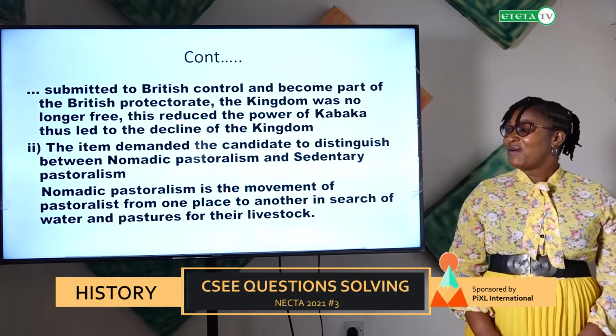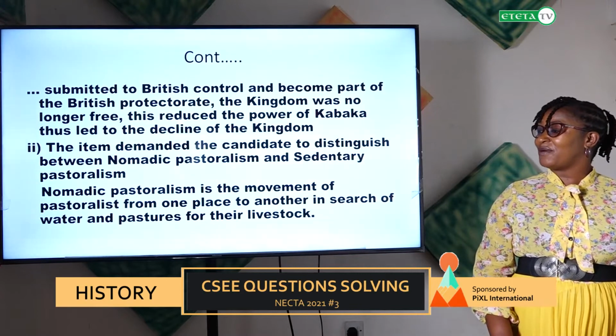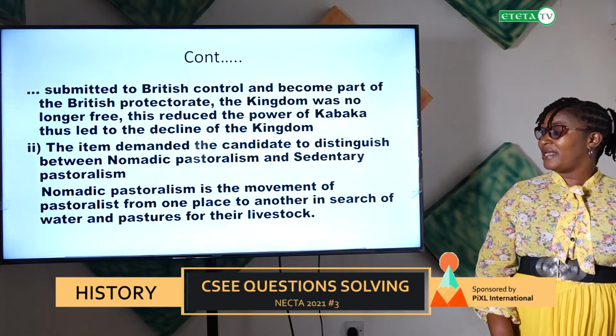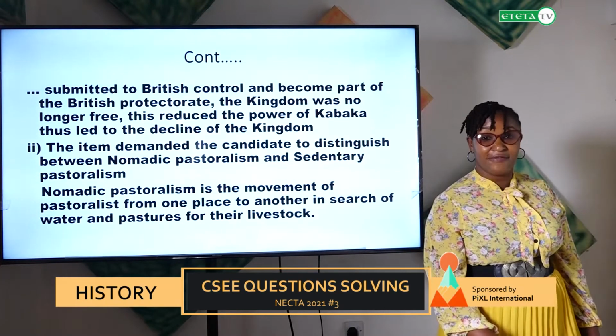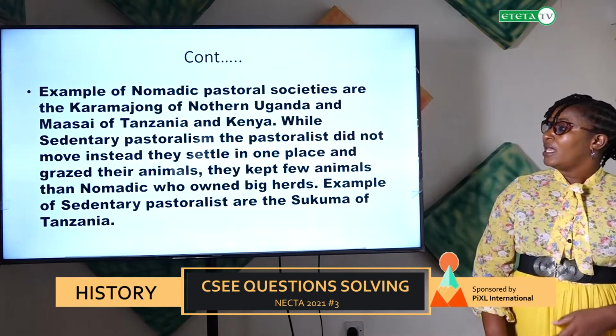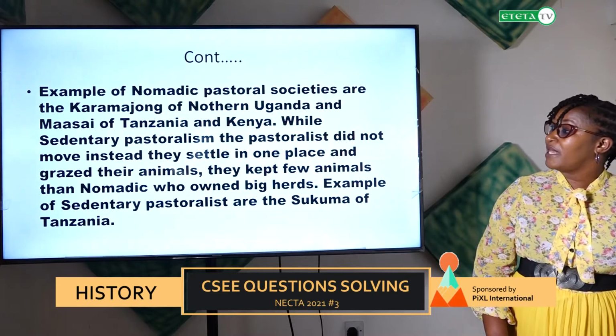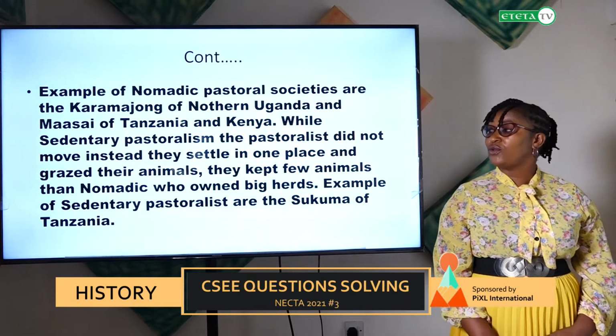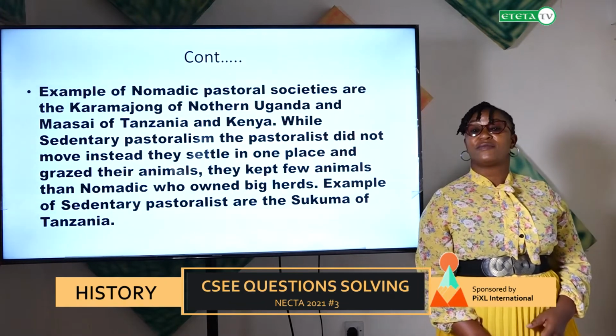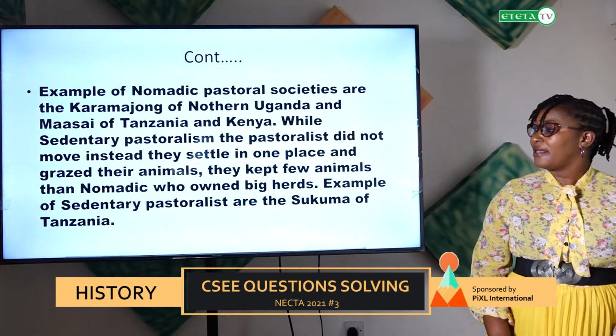Nomadic pastoralism is the movement of pastoralists from one place to another in search of water and pastures for their livestock. Examples of nomadic pastoral societies are the Karamojong of northern Uganda and the Maasai of Tanzania and Kenya.